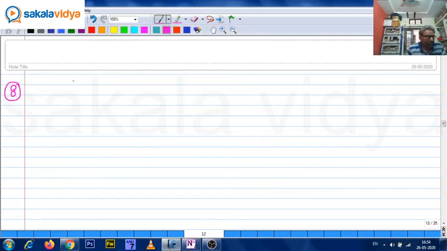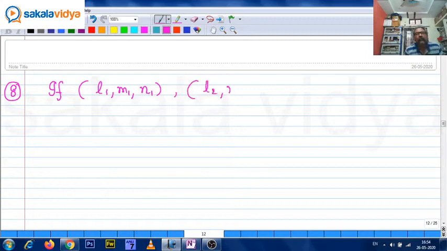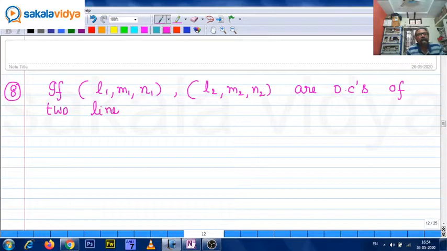If l1, m1, n1 and l2, m2, n2 are the DCs of two lines, then we have one important relation.